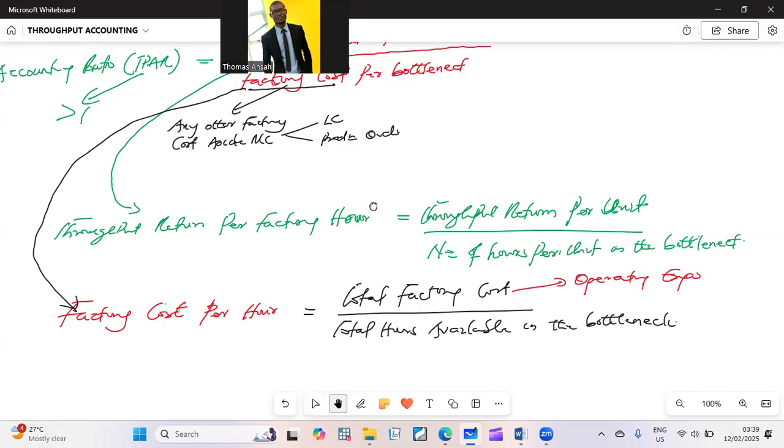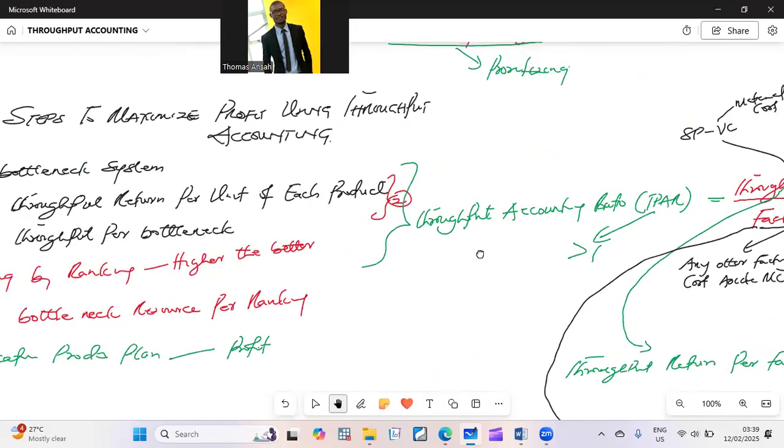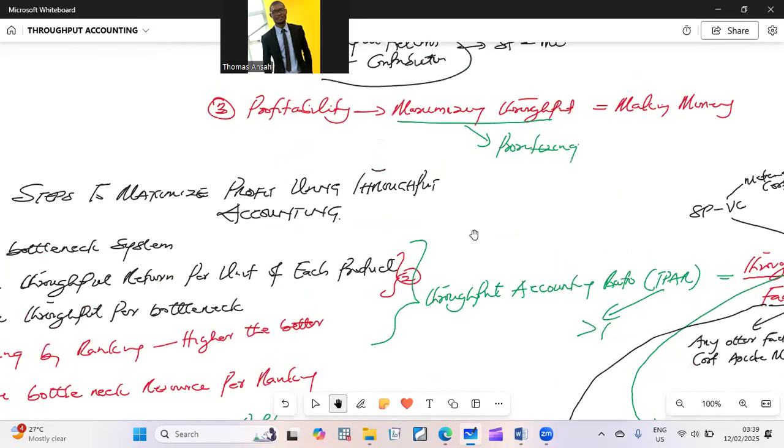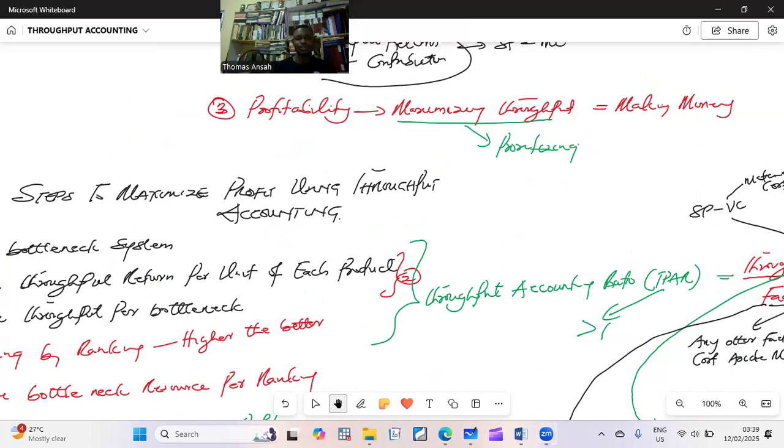This section has introduced you to everything under throughput, the basic concept you need to understand. And I hope you have made your notes. In the next video, we are going to focus on solving questions, about 3 questions to help you understand the whole concept of throughput.